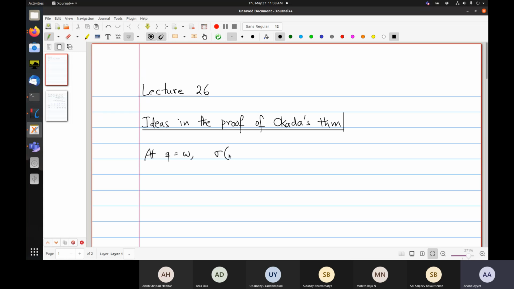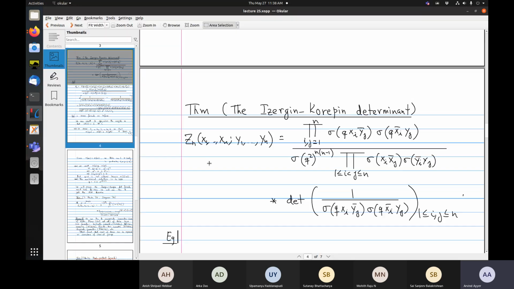What happens to this factor? So remember, everything hinges on this kind of factor, which is sigma of q to the something times sigma of q times something times sigma of q times its reciprocal.